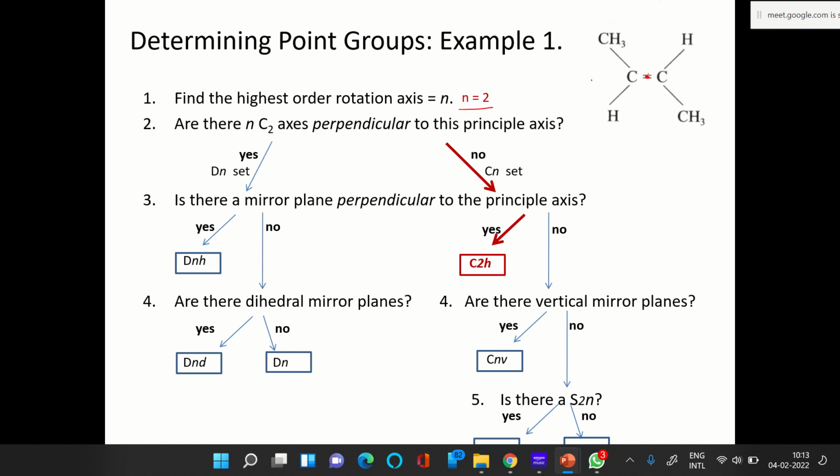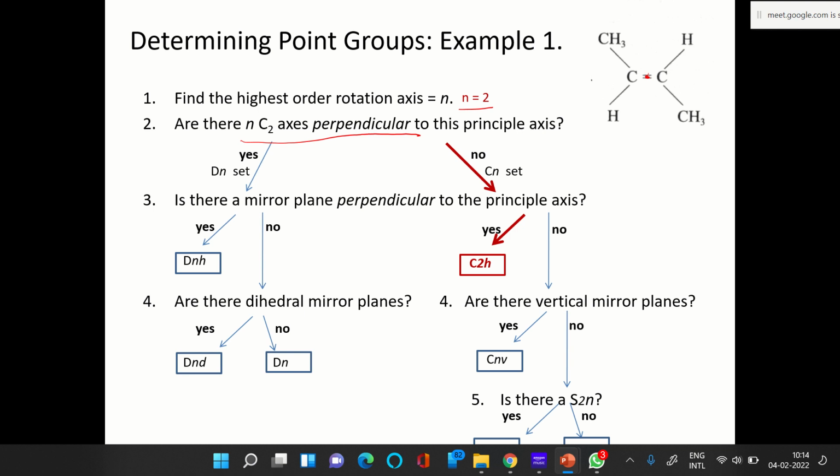Then are there n number of C2 axes in the perpendicular plane? Yes or no? That you have to find. No. Then you move to the next. Is there any mirror plane perpendicular to the principal axis?